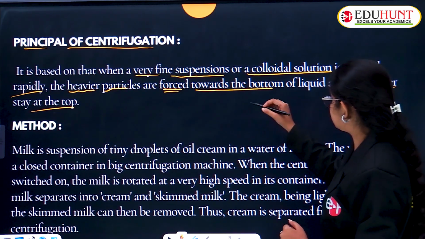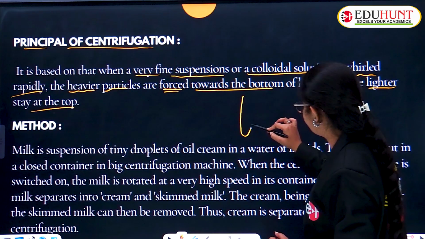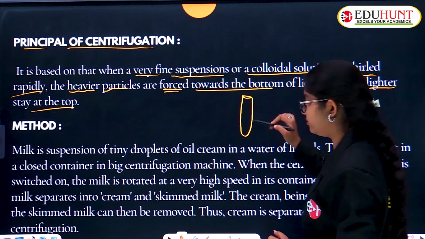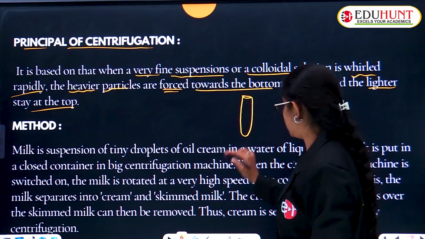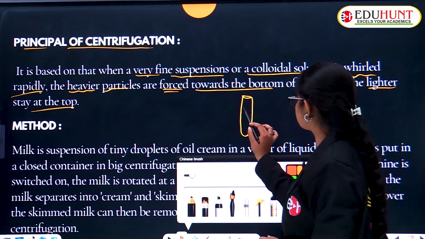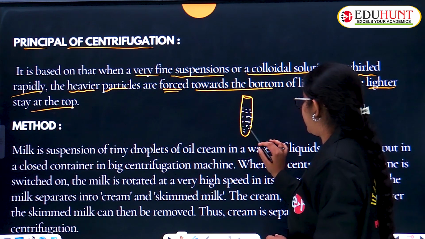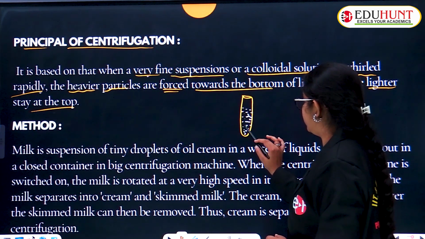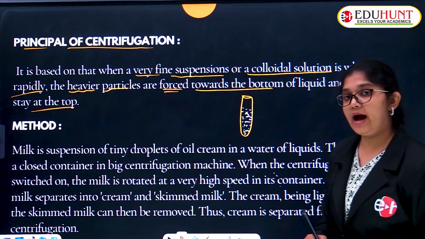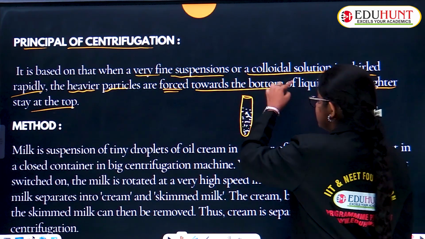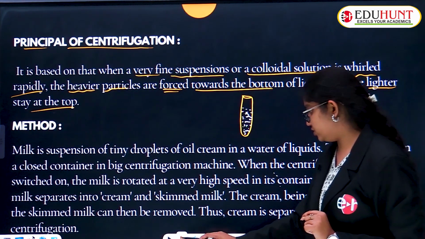For example, this is the test tube, children. In that I added milk. So, what did I do? I placed this test tube in the centrifugation machine.